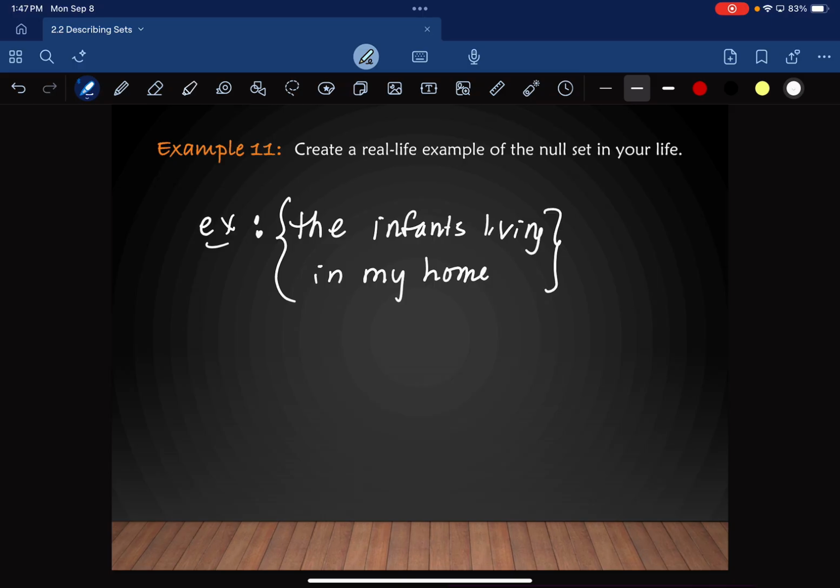I want somebody to be brave and to tell us what's the empty set you wrote down. Cats living in my home. Cats living in your home. Yeah, see, that wouldn't be an empty set in mine because I've got 2 cats. It's a good example.